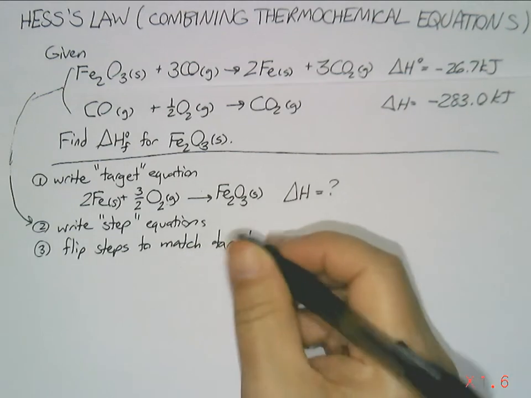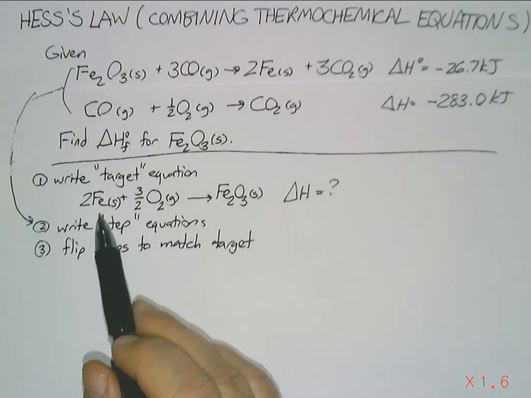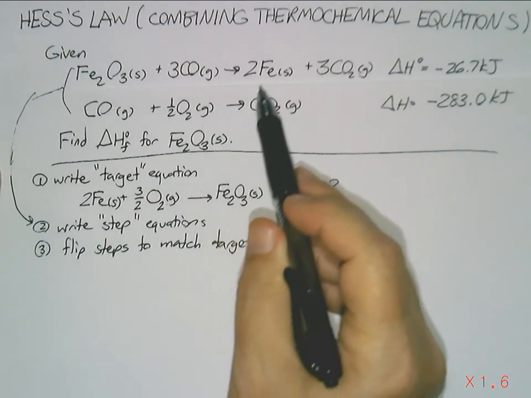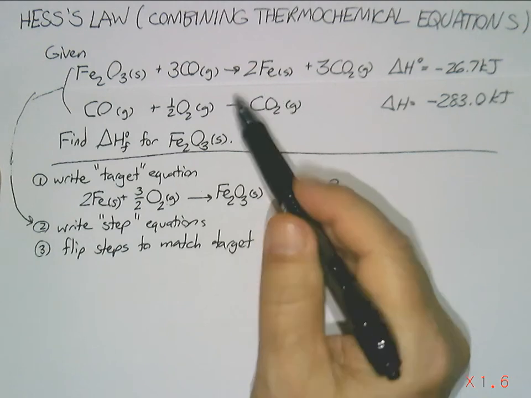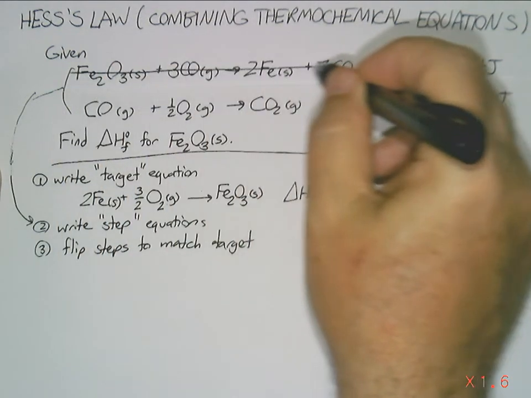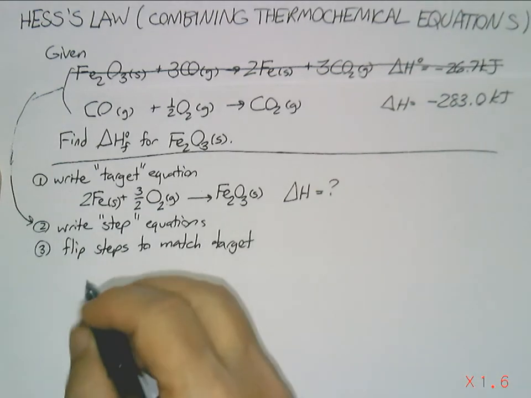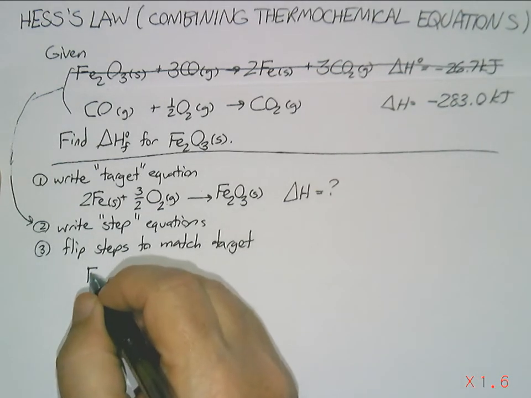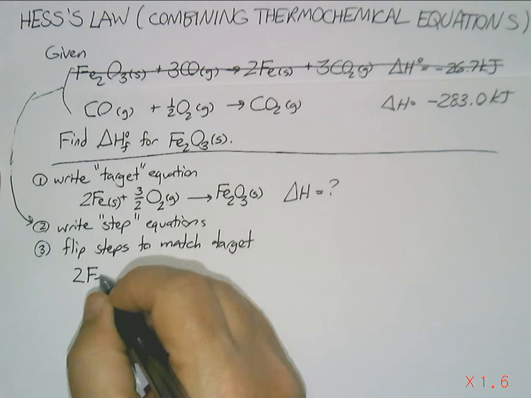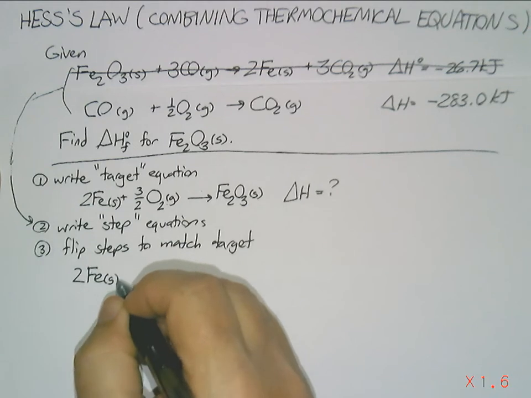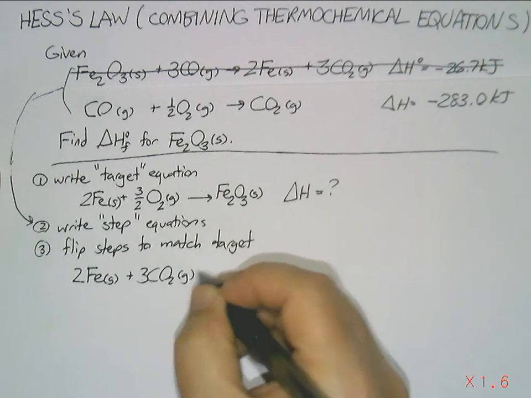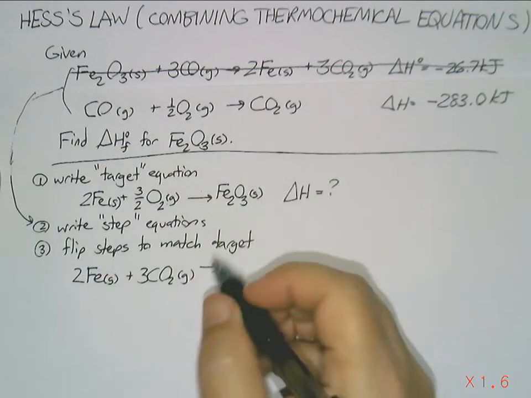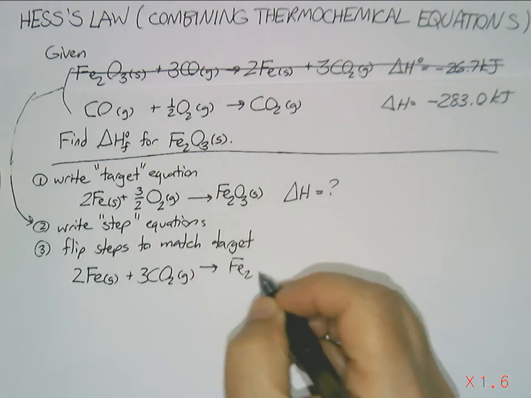What I mean by that is, let's look at the target. It has iron solid on the left-hand side. Now if I look at this one, it's got iron solid on the right-hand side. So this is one that I want to flip, so that the products become the reactants and the reactants become the products.